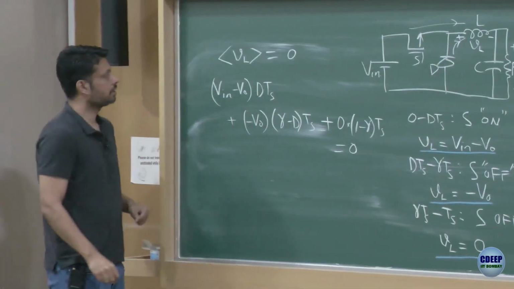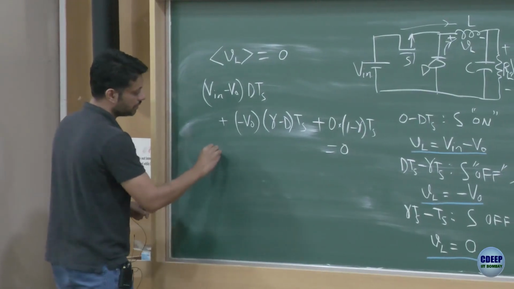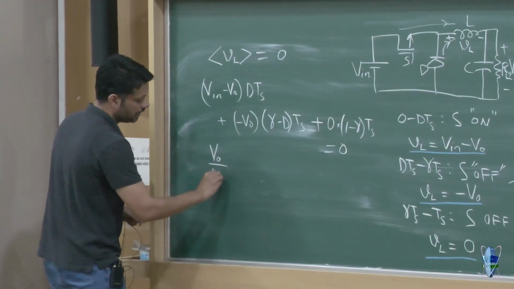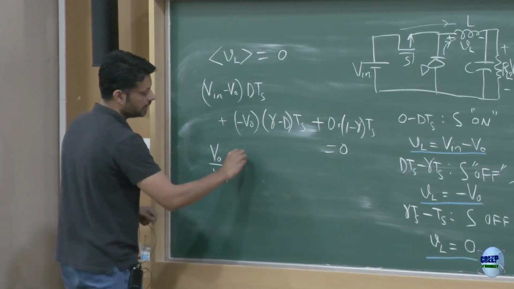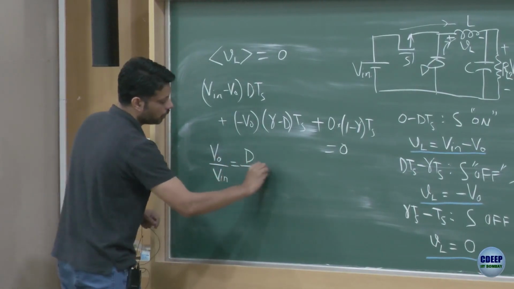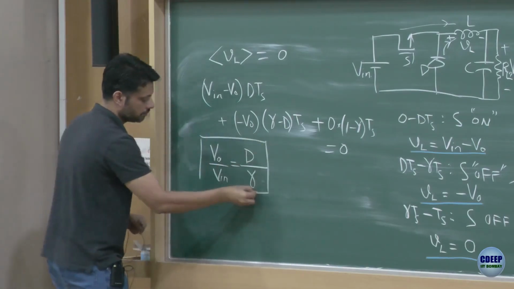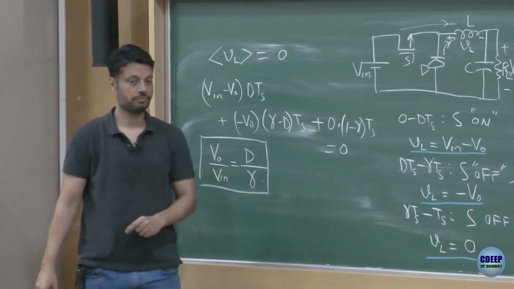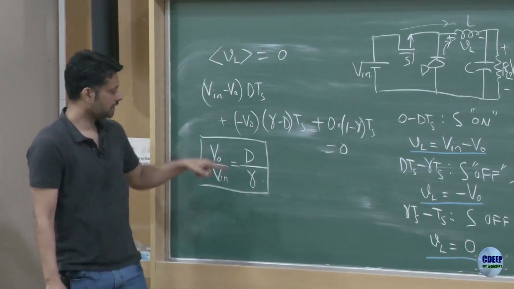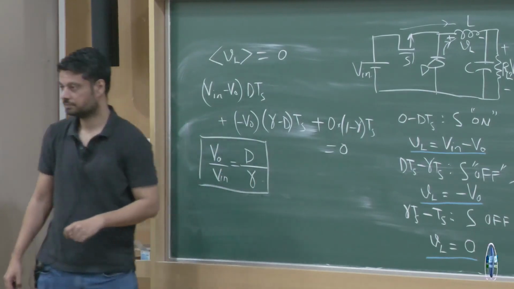If you solve it, you would get VO by Vin is equal to d upon gamma. Try to solve it and see if you get it or not.